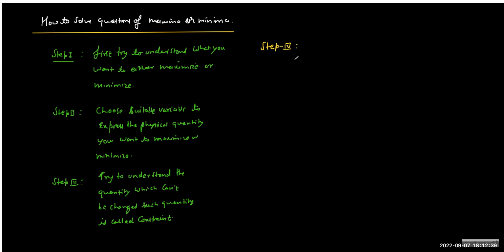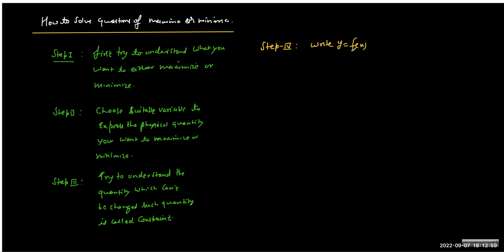Step 4 is what? Always express the value you want to maximize in terms of some variable. So step 4 is write y as f(x).